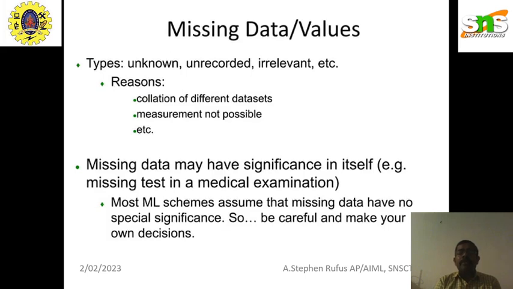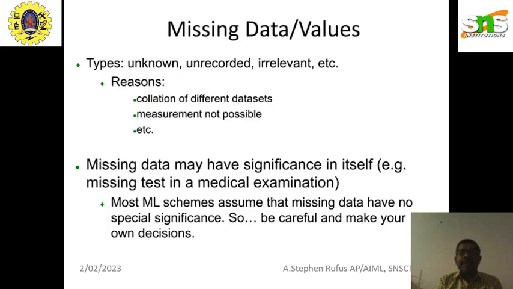So when we are talking about the data, we should analyze it clearly, whether we am missing any data or values. So when do we go for missing data? When that particular data set seems to be unknown, or it cannot be recorded, or if we feel it is irrelevant, all the justification is on us. If we define one appropriate template to collect the data, then we are able to reduce the missing data or values.